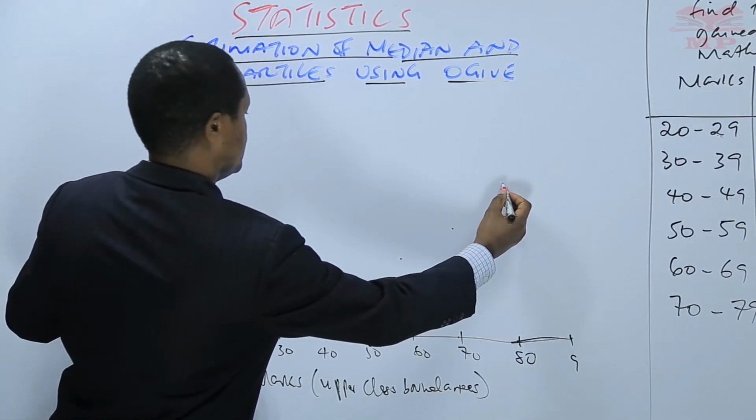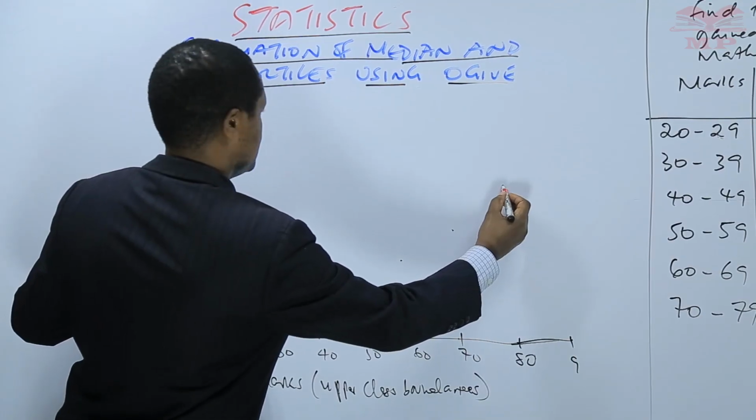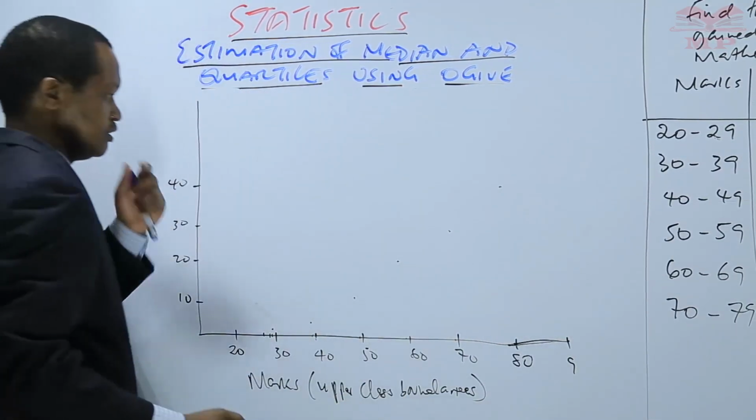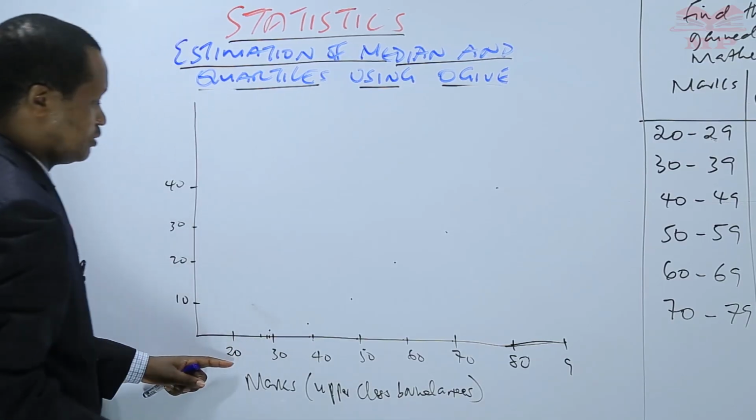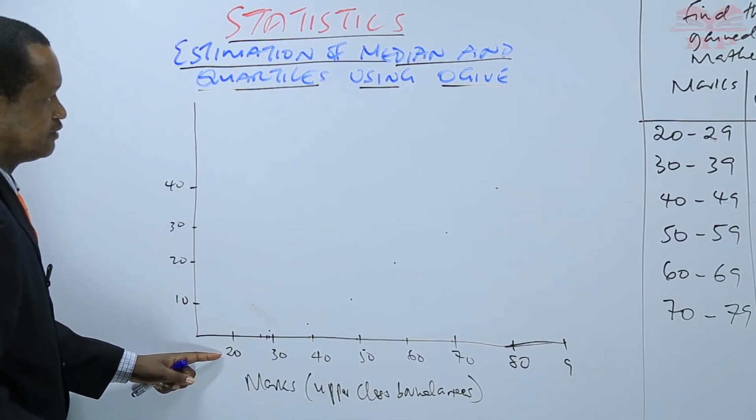This is 40. Learners, I'm estimating this, but I know if you are using a graph, it has to be perfect. It has to be accurate.